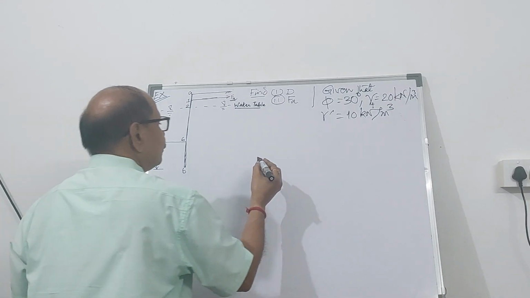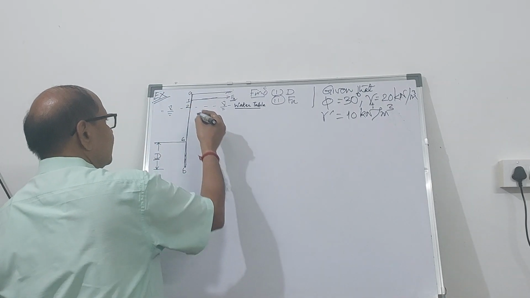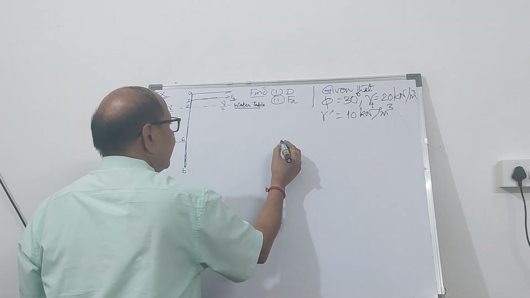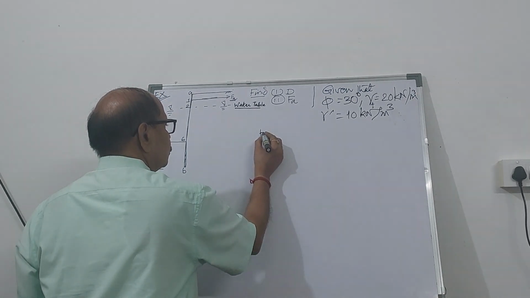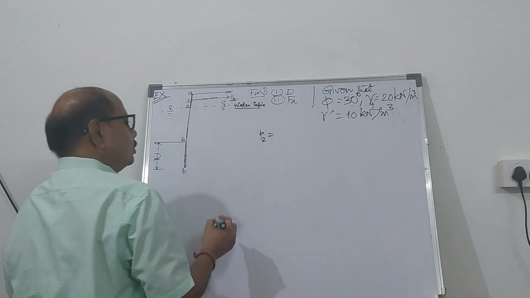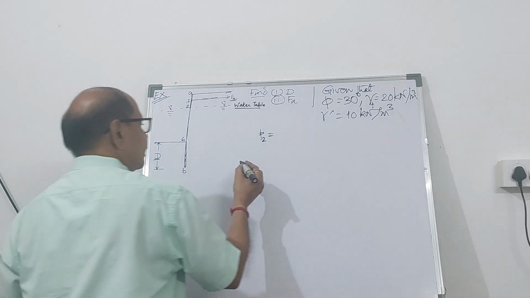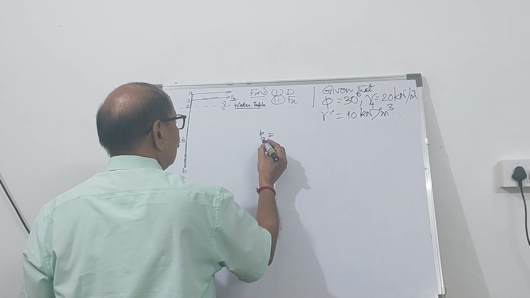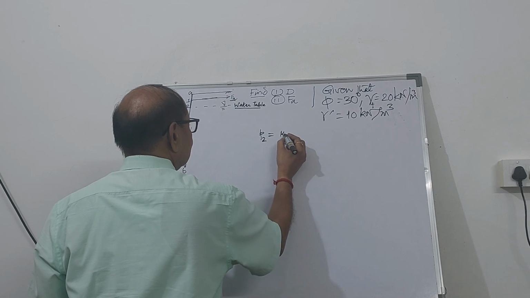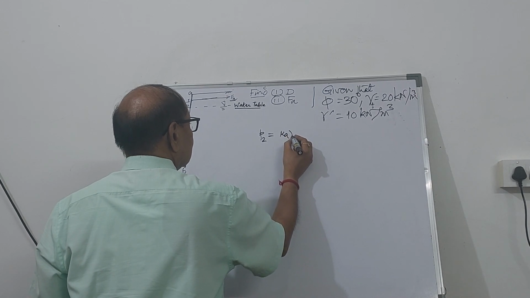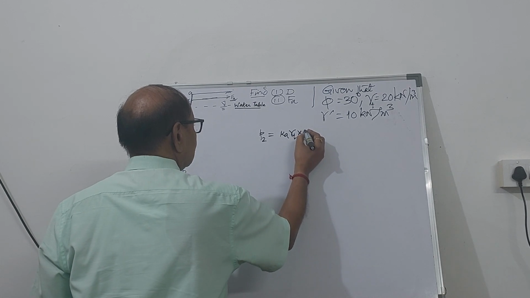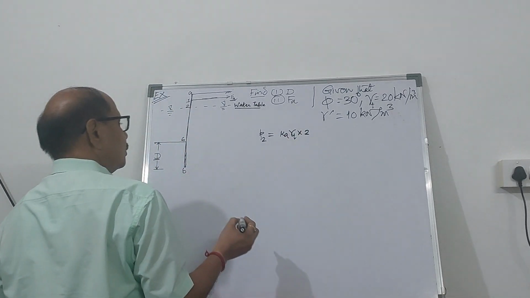The first thing is the active pressure at 2 meter from the top. So find out the value of P2. The active pressure at 2 meter, let's say it is P2 or PA2, must be equal to K times gamma T into 2 meter.